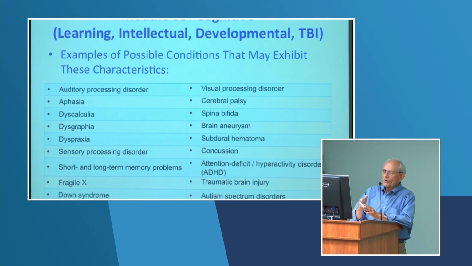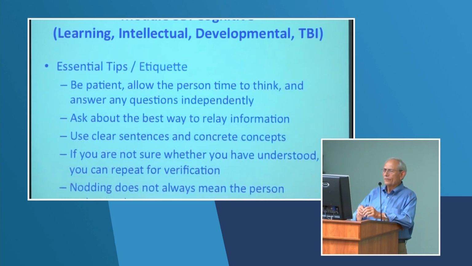Subdural hematomas, brain aneurysms, etc., can cause developmental, cognitive, intellectual dysfunction. Then autism spectrum disorder is in this list of developmental disorders as well.